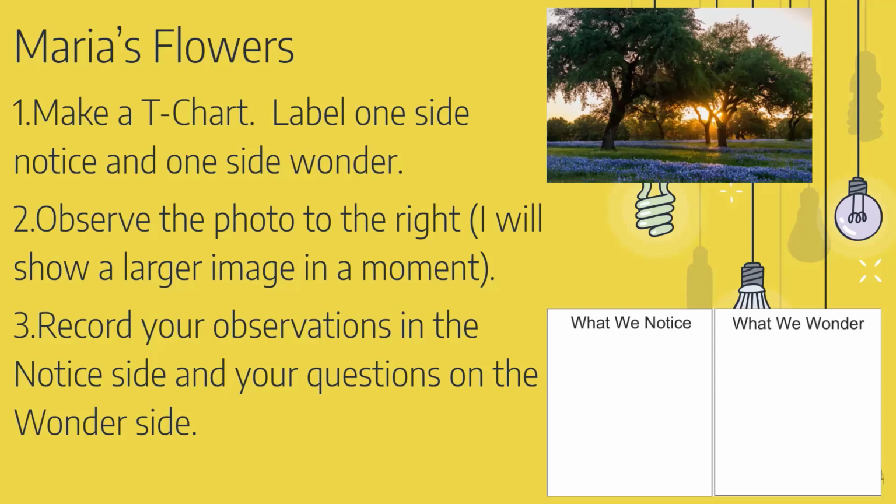Record what you observe on the notice side of your paper, and record any questions that you have on the wonder side. As you're looking at that, think about the cross-cutting concepts and the tools you could use to look at this photo. It's going to be a photo for you, but let's pretend like you're actually there.